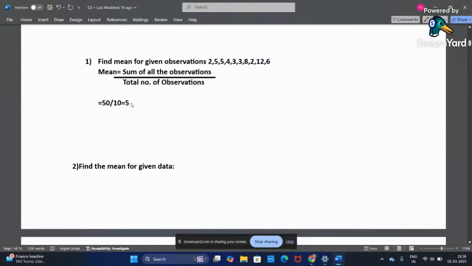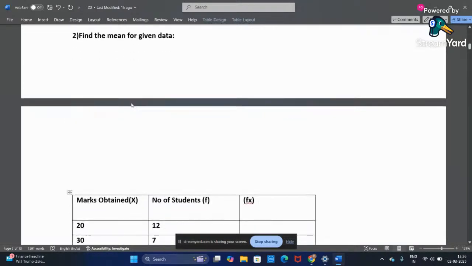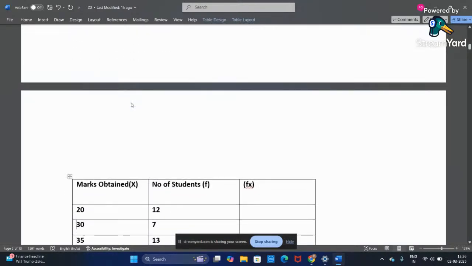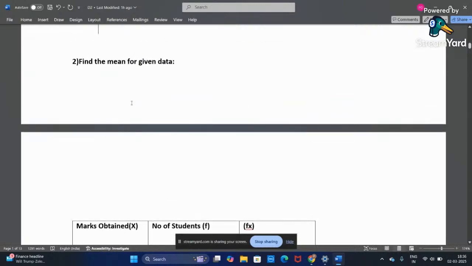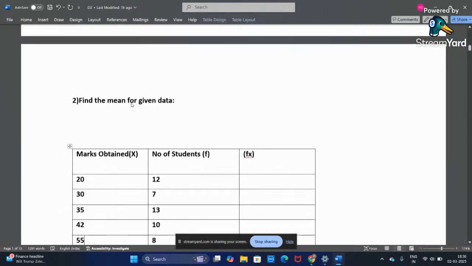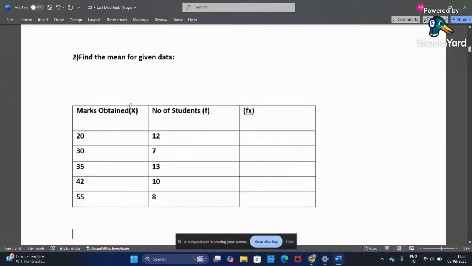In the previous one, the data is given number-wise, right? But here the data is given in a table. In this table, we need to find the mean. So what do we have to do here? We have to multiply the marks obtained with the number of students.